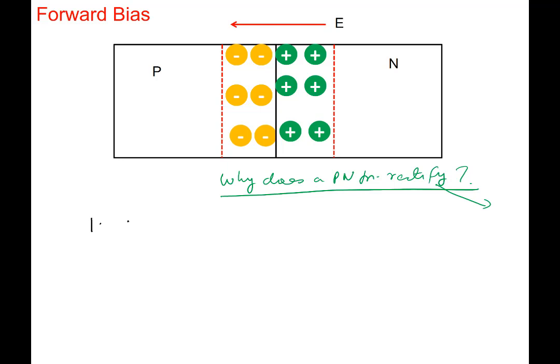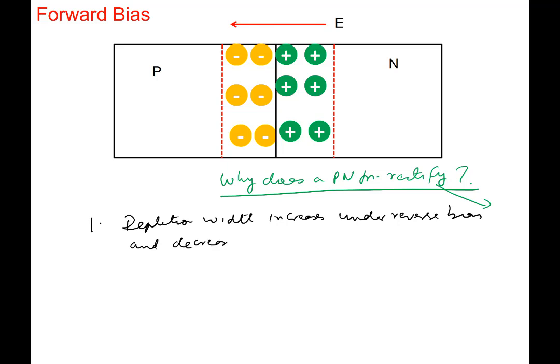Okay, so you're saying depletion width increases under reverse bias and decreases under forward bias. Okay, fine.